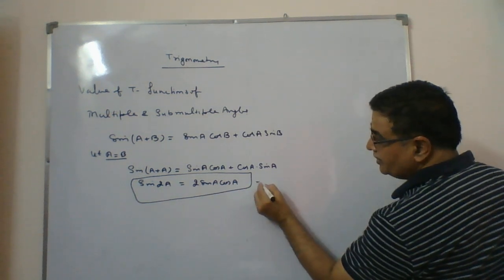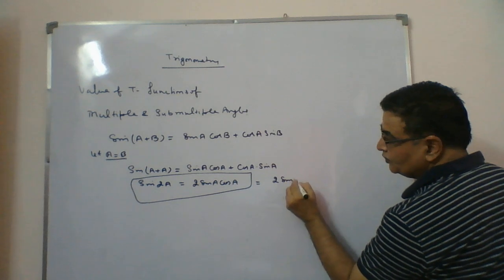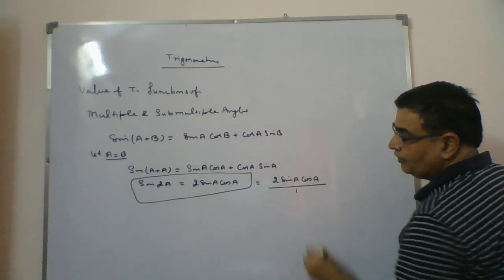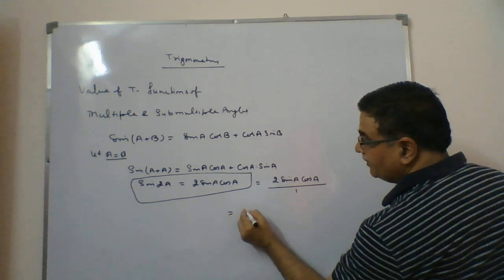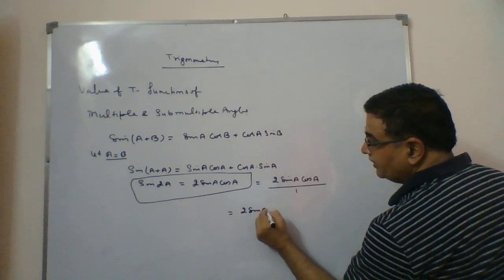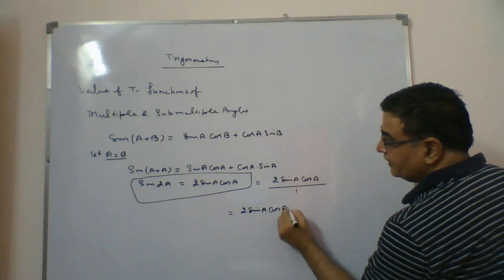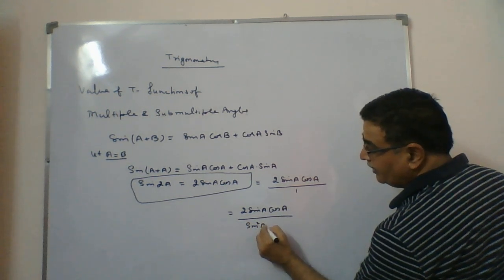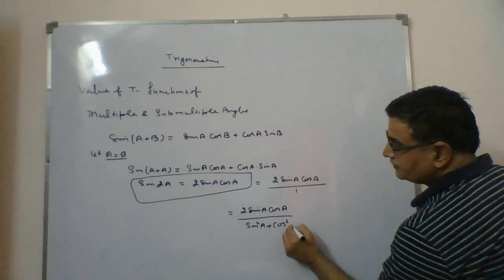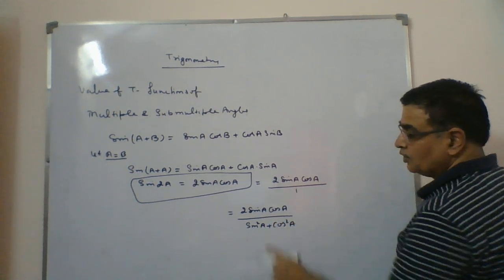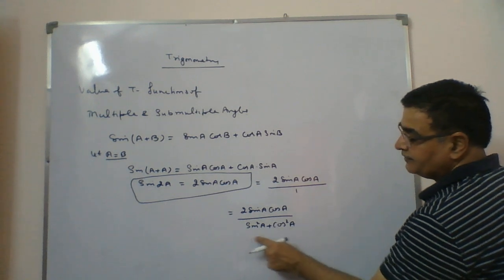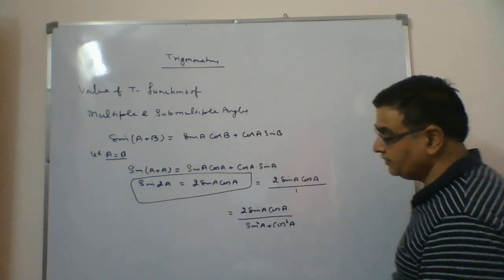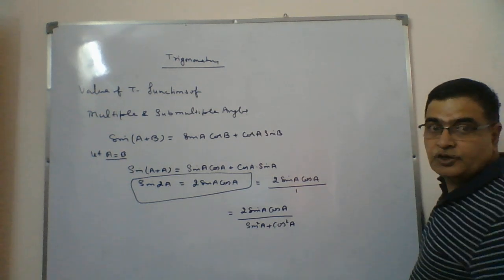This formula can change into another result. What is that? 2 sin A cos A by 1 we will write. Then we'll write this 1 as sine square A plus cos square A. So 2 sine A cos A by sine square A plus cos square A. We want this result to convert in tan.